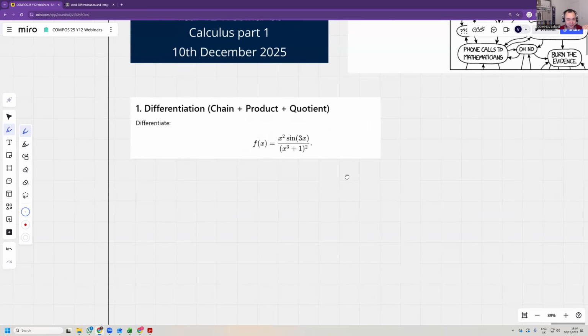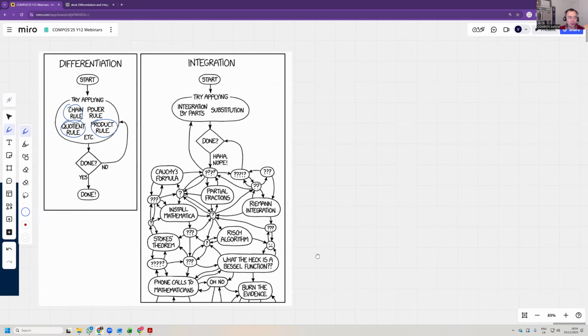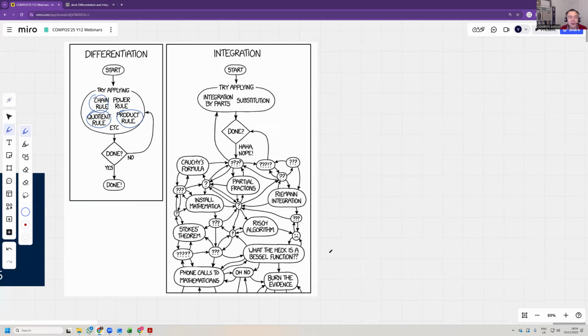Okay, just a quick reminder of the rules. The basic functions: the derivative of x to the power n is n x to the power n minus 1. The derivative of sine x is cos x.